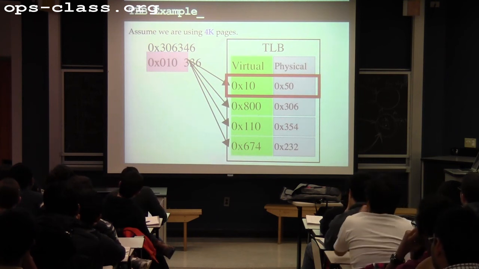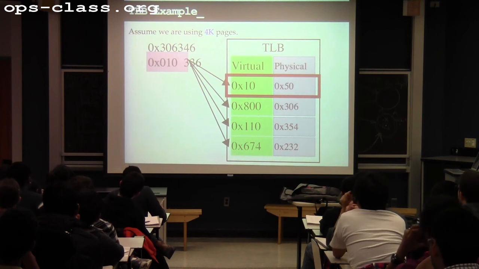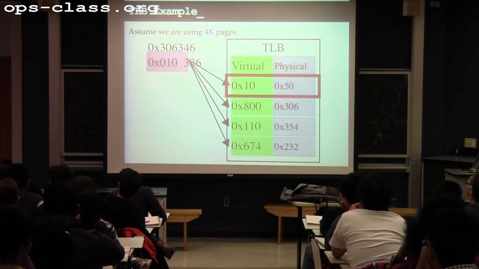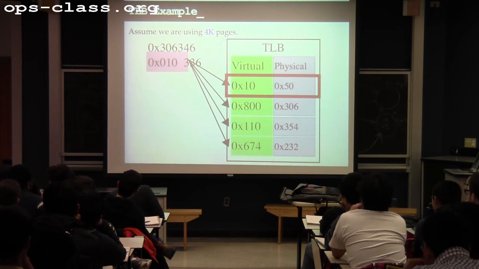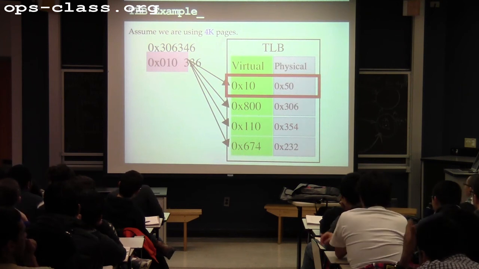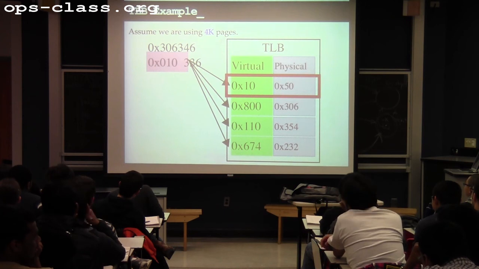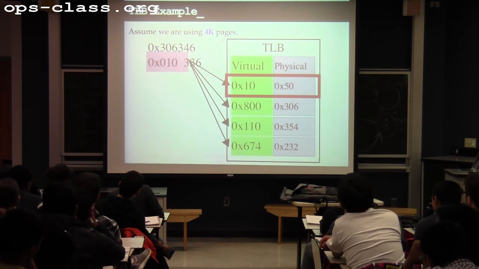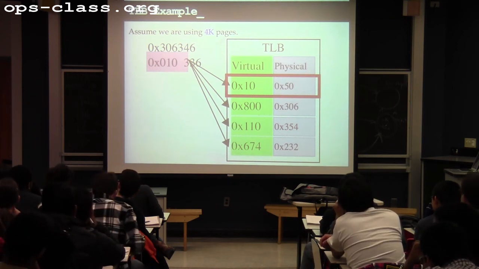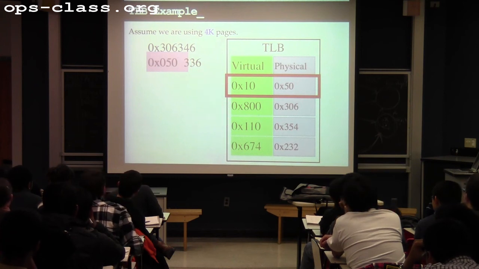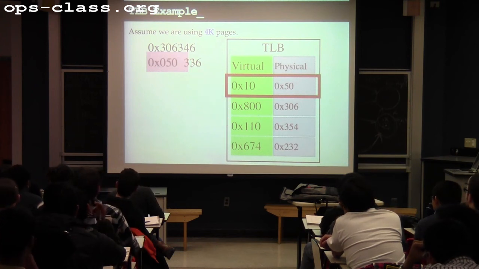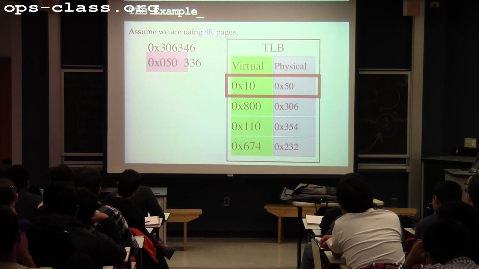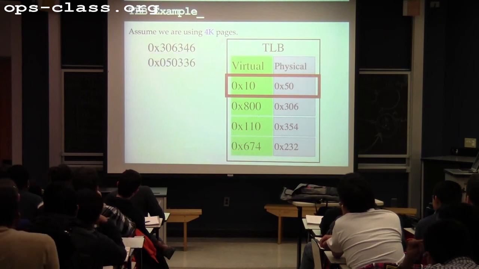You guys are pattern matching, like page 010 is different from page 10. No, it's the same thing. It was lazy. That maps to physical page 50. What's the resulting hex address? 050336. Does this make sense? This is easy, right? All right, let's do another one.